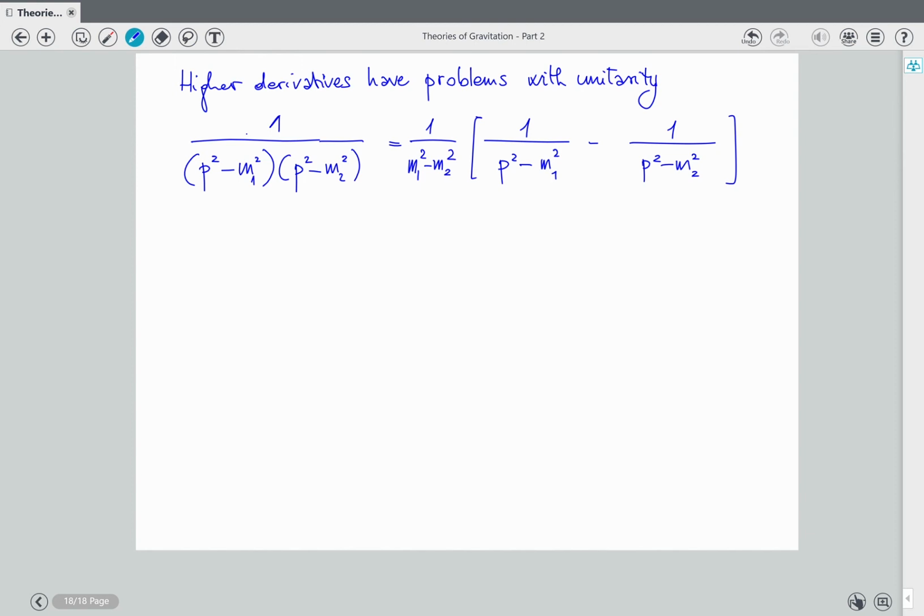Have this identity. And that means that one of the two poles will have a negative residue and the other will have a positive residue depending on which mass is larger than the other. So necessarily one pole has a negative residue.